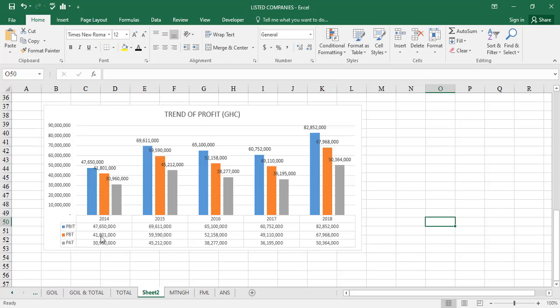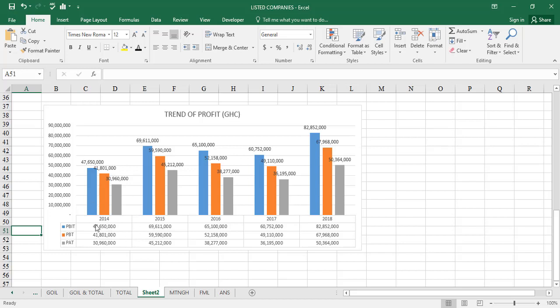We can see that in 2014 their profit before interest and tax, that is after they took out their indirect expenses, that is selling and distribution expenses and all other indirect expenses that they needed to take out of the gross profit, what was left is what we are seeing here, of which they are yet to take out their income tax and then finance cost as well, that is the interest that they are paying on loans that they have gone for to do their operation.